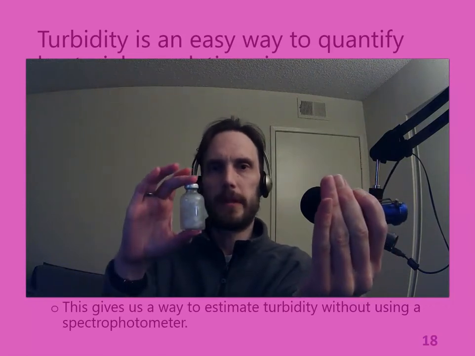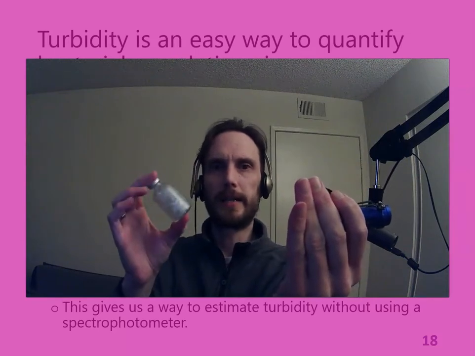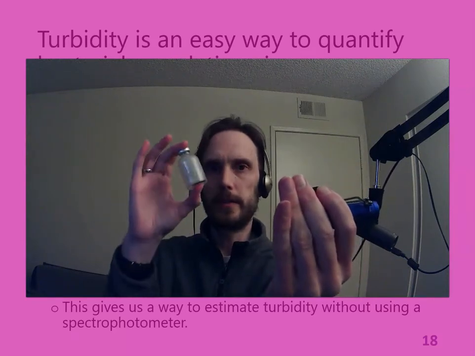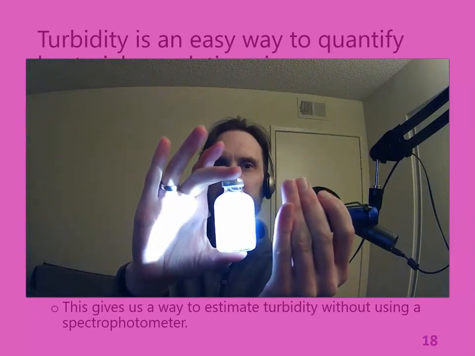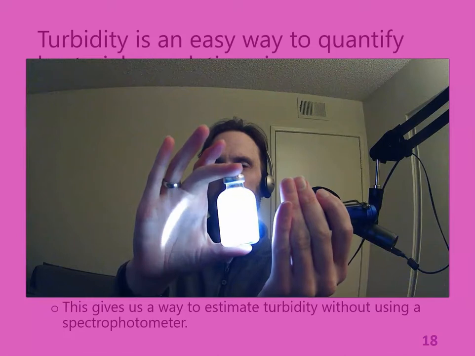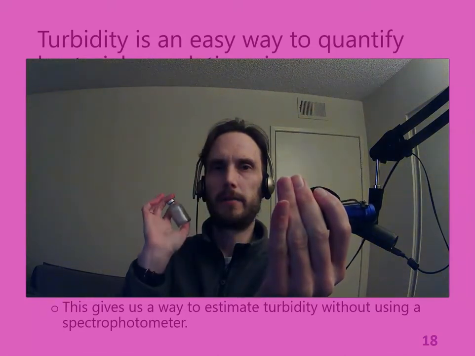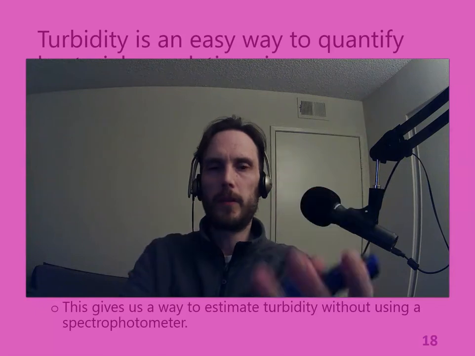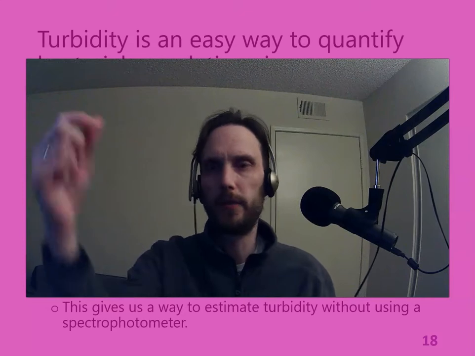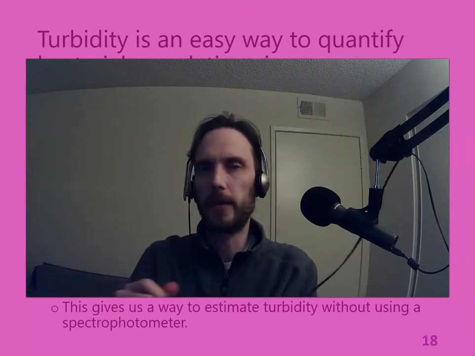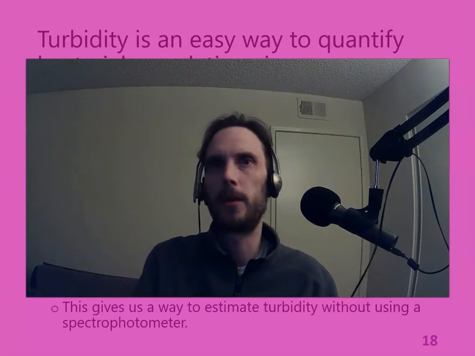But if I put something in front of it that scatters light, some of that light is going to get scattered at you. So this is going to light up, like so. And that's all light that's being scattered randomly towards you. That's what you're seeing. If I take that away, the light disappears. So we use this trick in the laboratory to figure out whether cells are growing in our media or not. We hold it up to a light indirectly and see whether it glows.